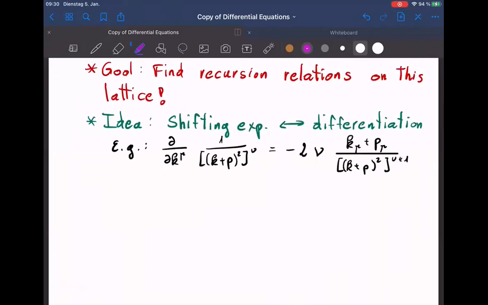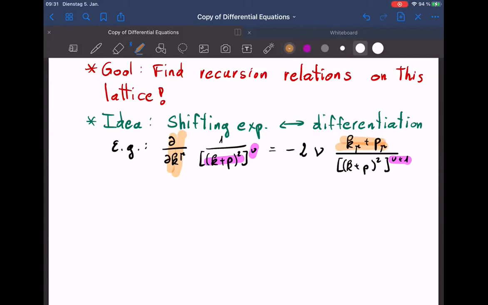Imagine you take a propagator, (k plus p) squared, wherever this thing comes from, that's a propagator, and it's raised to the power nu. If I differentiate with respect to the loop momentum, I get the same propagator raised to the power nu plus 1. But of course, I also produce a numerator and some numerical prefactor that is not so important.